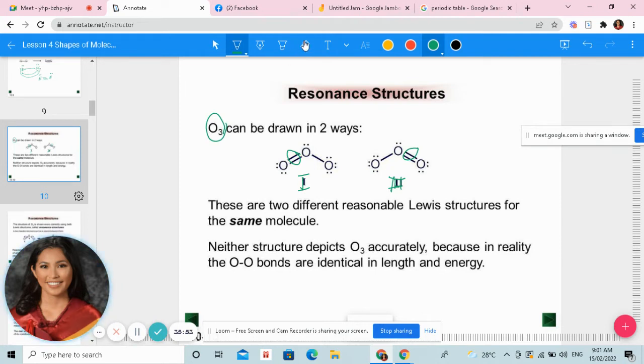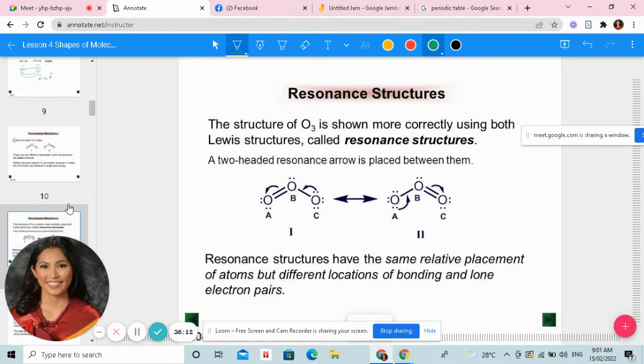Now if that's the case, in our resonance structures the electrons are delocalized. Meaning the electrons from this double bond can transfer to oxygen 1, oxygen 2, or oxygen 2, oxygen 3.